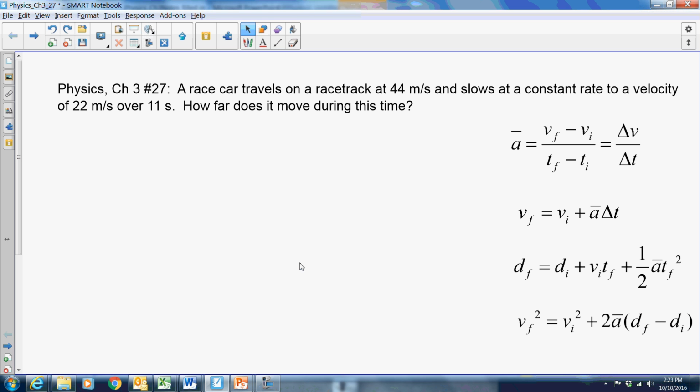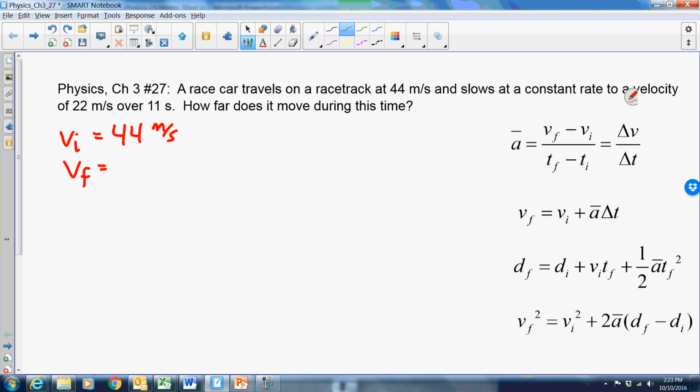Okay, so if we're writing down what the problem gives us, we know initial velocity is the faster one this time. Final velocity is only 22 meters per second. The time that takes is 11 seconds.